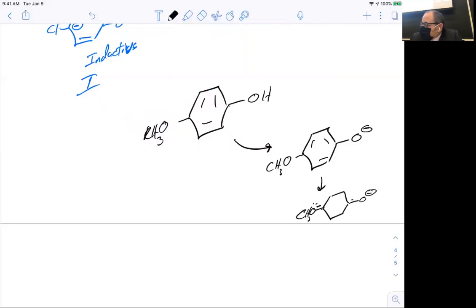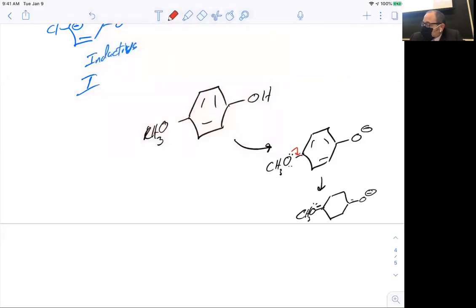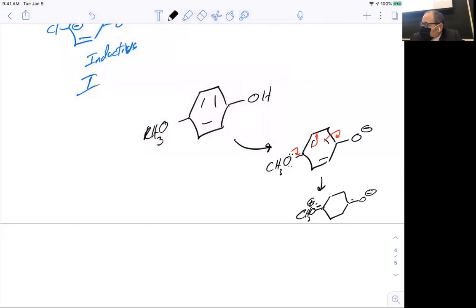We can put these electrons into the ring, which would destabilize that a little bit, right?